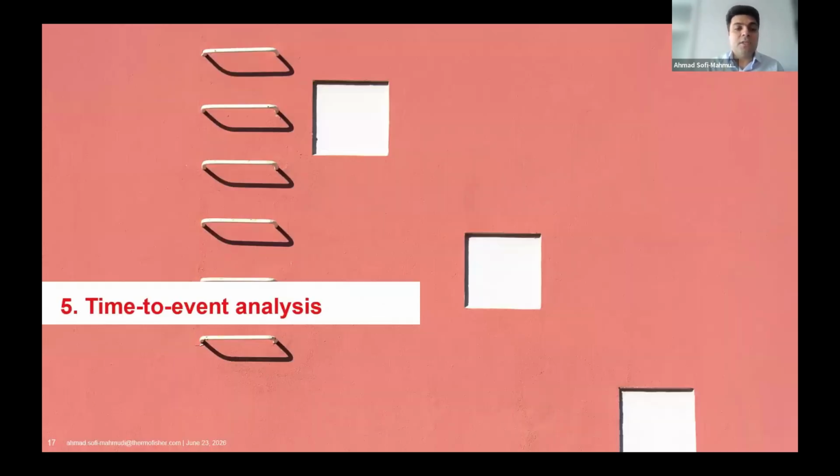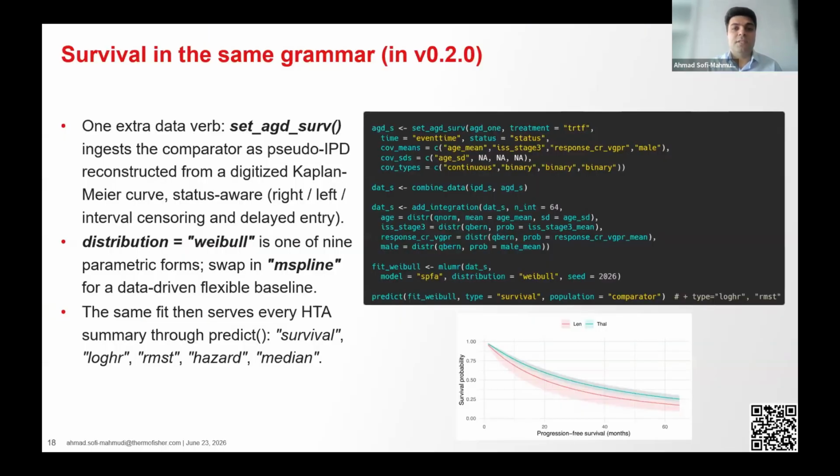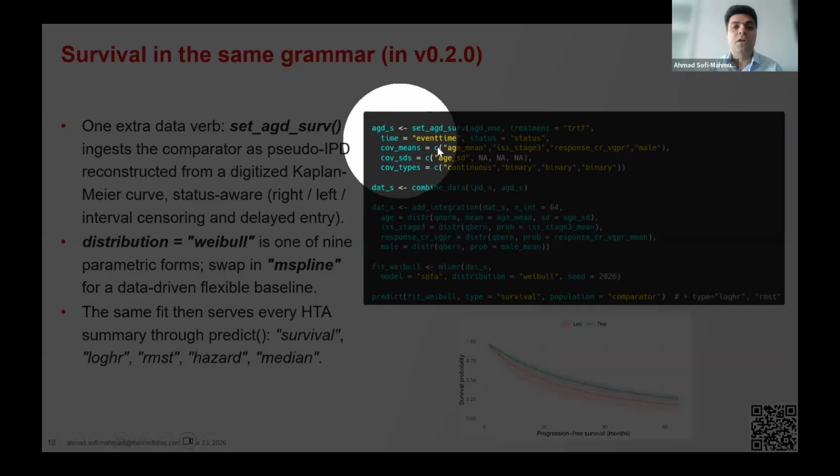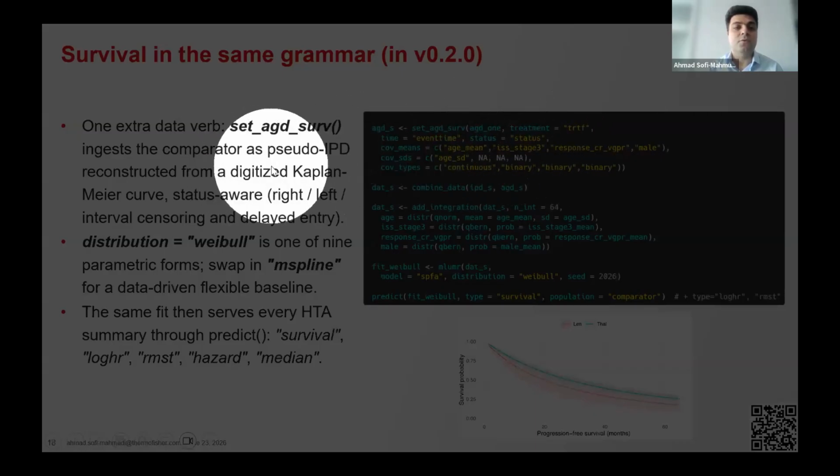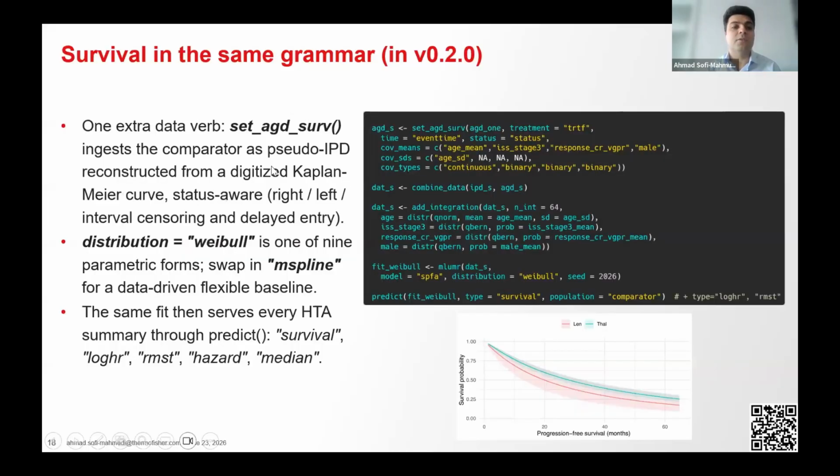What about time to event analysis? The good news is that we have that now in version 0.20. The only difference, everything is the same, is that we have a new function, set AGD surv. In that function, the user needs to provide a pseudo IPD that is reconstructed from a digitized KM curve.